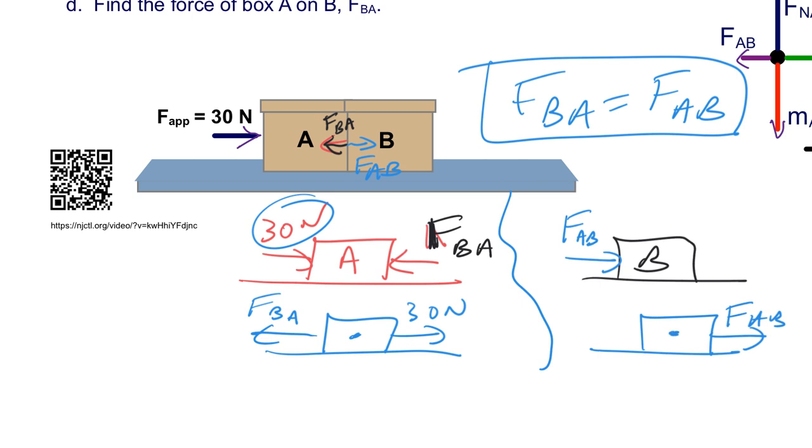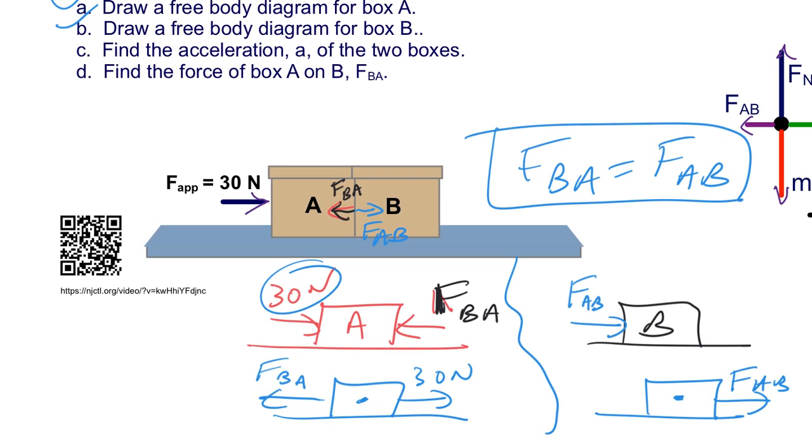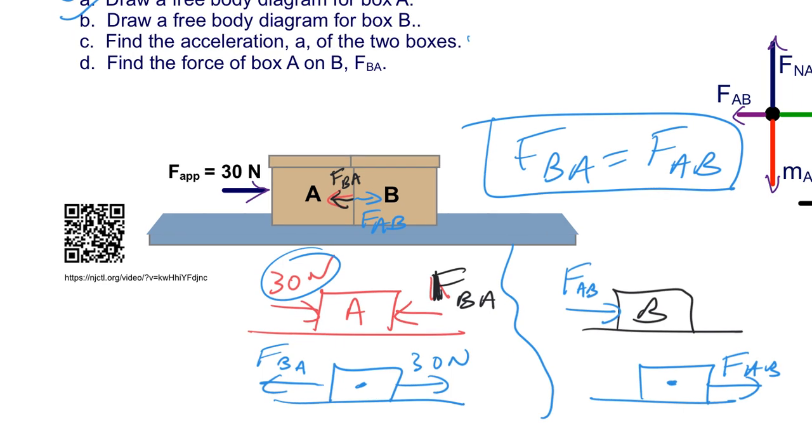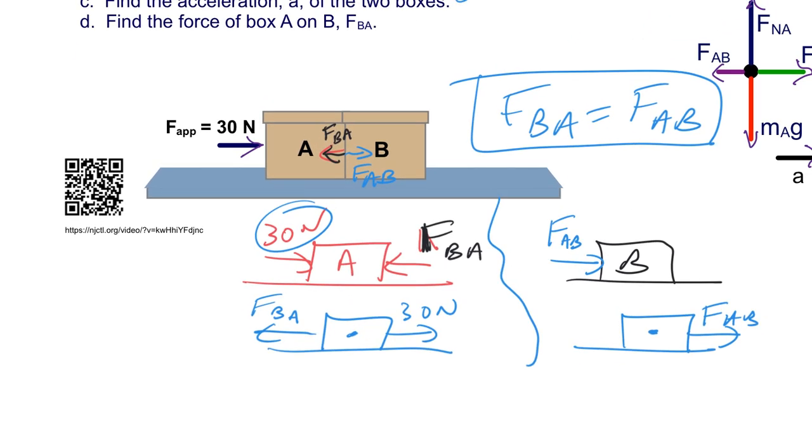So you really should make the forces always pointing away from the object. Find the acceleration in two boxes. Okay, we smush these two together. So acceleration of the system or of either box, it's the same thing.